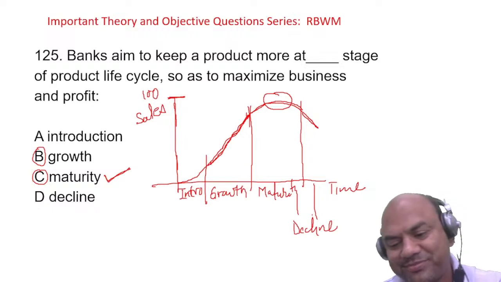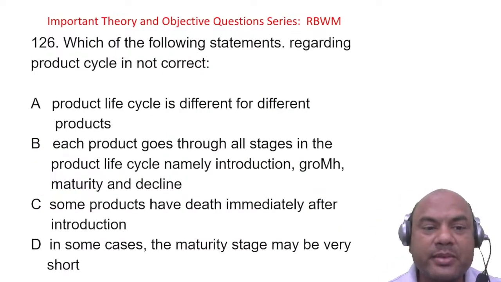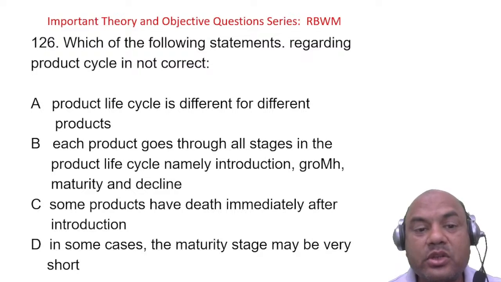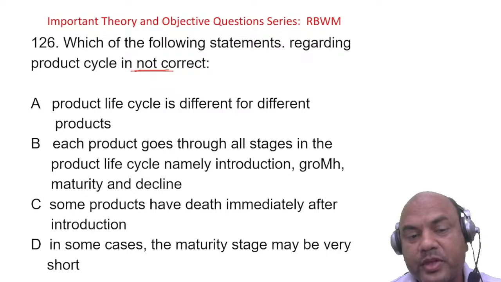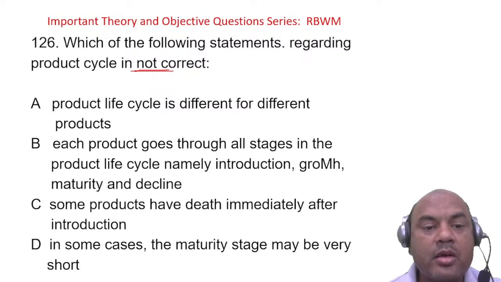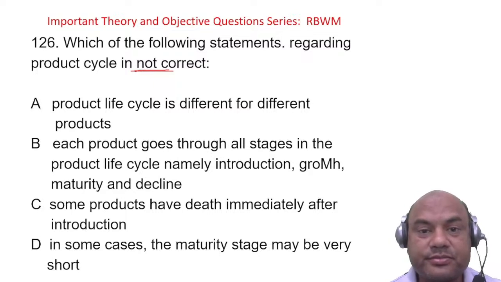Next: which of the following statements regarding the product life cycle is not correct? You want the wrong one now. So what are the options? Product life cycle is different for different products.